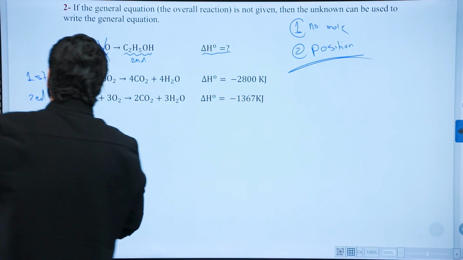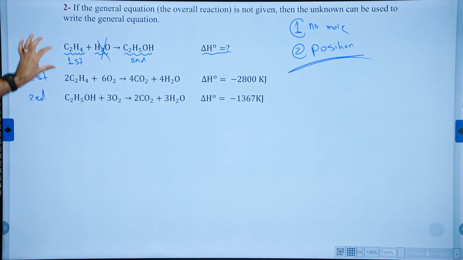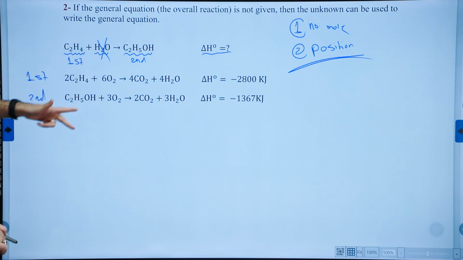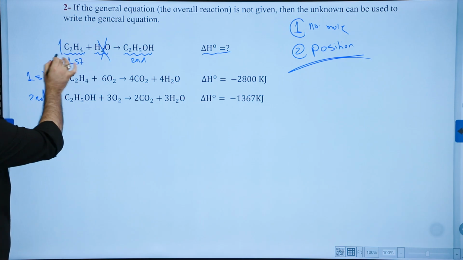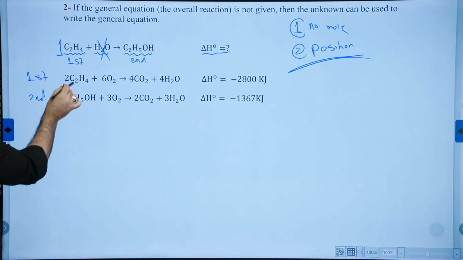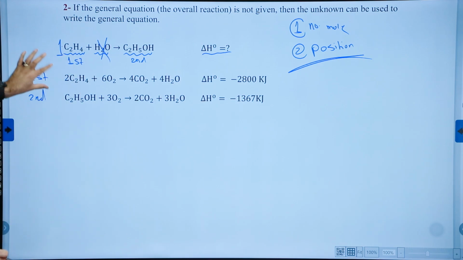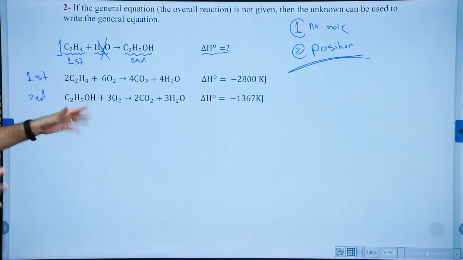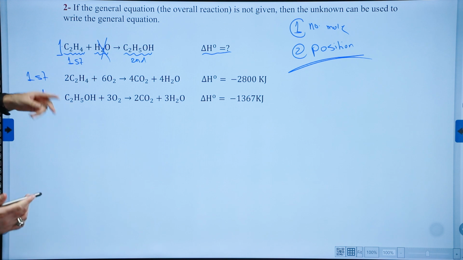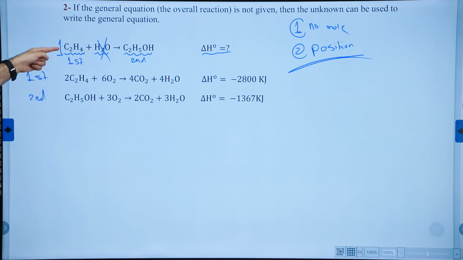Look at this. C2H2. Since C2H2 is in the first reaction, first try to compare their number of moles. Here, there's 1 mole. But here, we have 2 moles, right? 2 moles, 1 mole. We have to make them similar. So there are 2 options, either multiplying this by 2 or dividing this by 2.